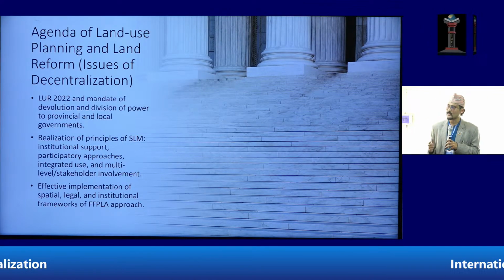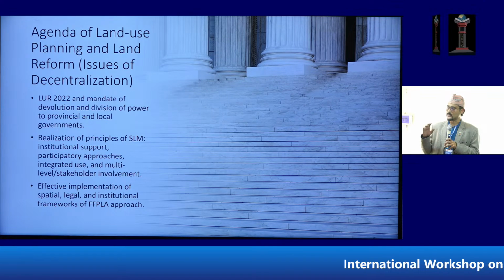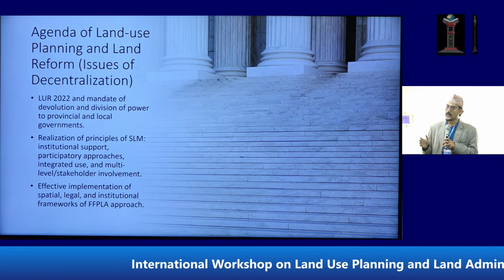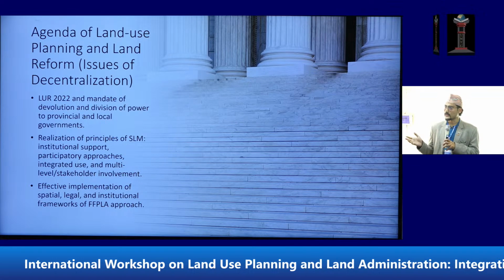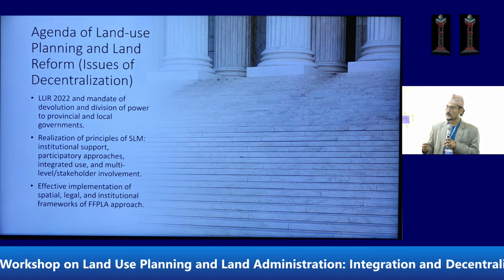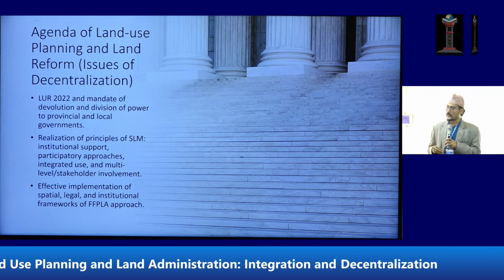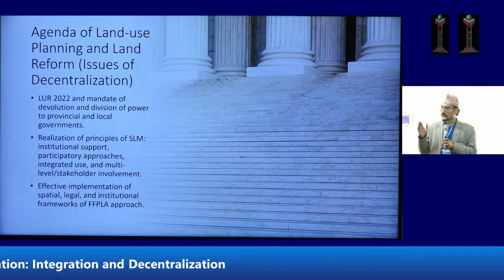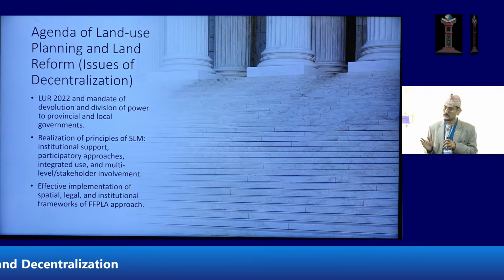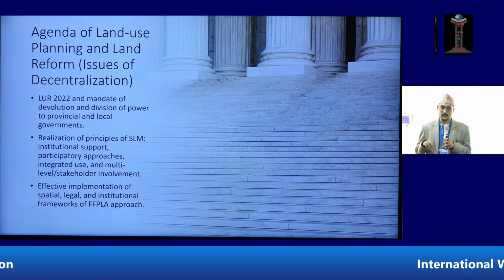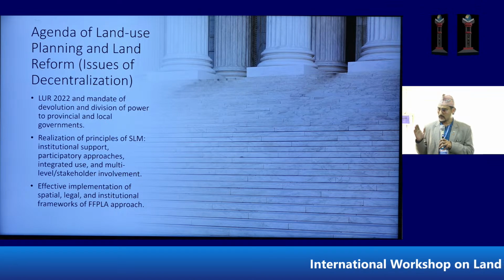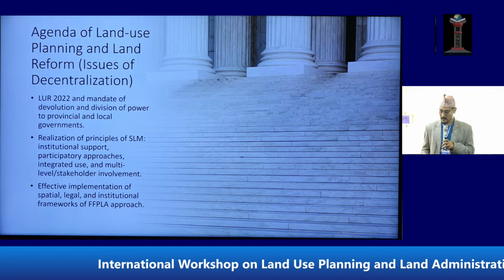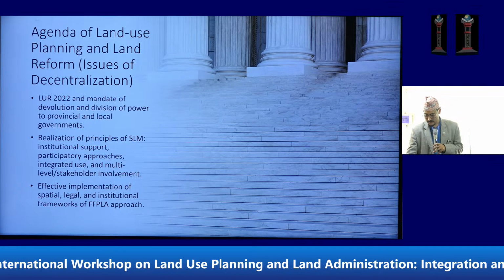So for the decentralization issues in land use planning and land reform, the mandate given by the land use regulations in 2020 to devolve and divide power to the provincial and local governments would be relevant. Then the realization of the principle of sustainable land management, and also the effective implementation of the special legal and institutional framework from the fit for purpose land administration.